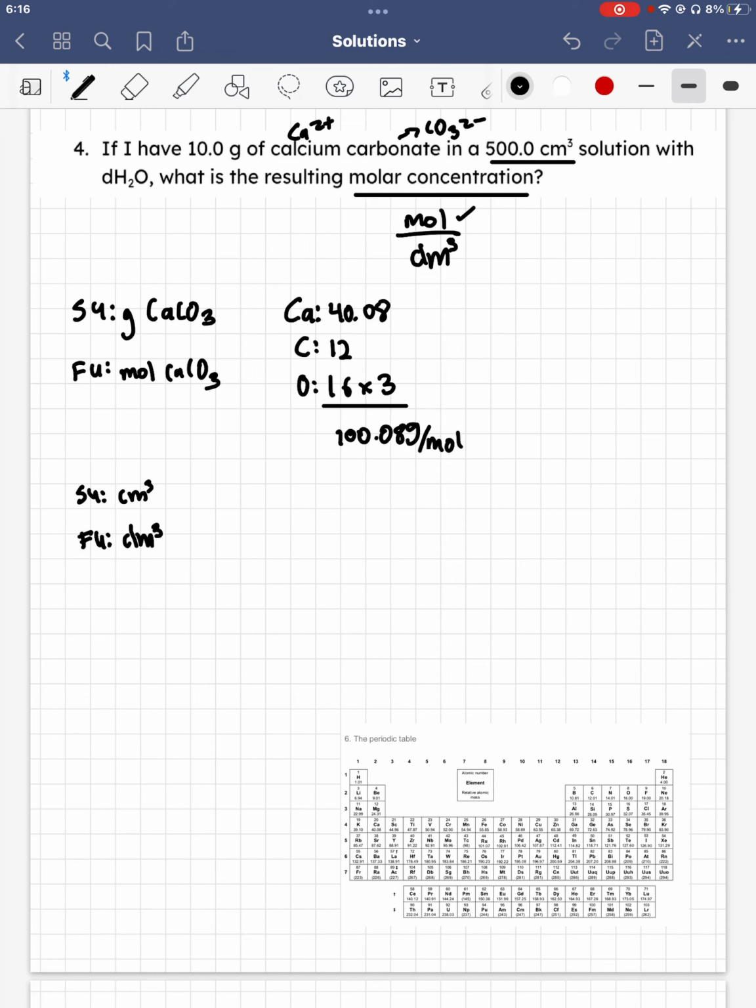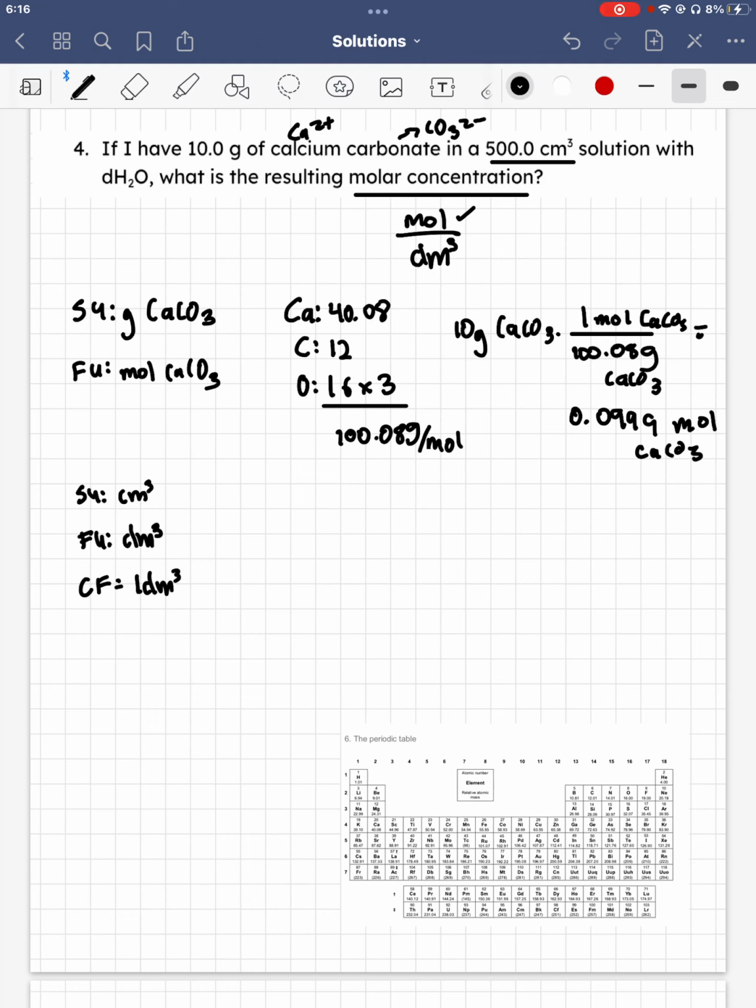And so now I'm just going to set up my dimensional analysis. 10 grams of CaCO3 times 1 mole of CaCO3 over 100.08 grams of CaCO3 is equal to, and I get 0.0999 moles of CaCO3.